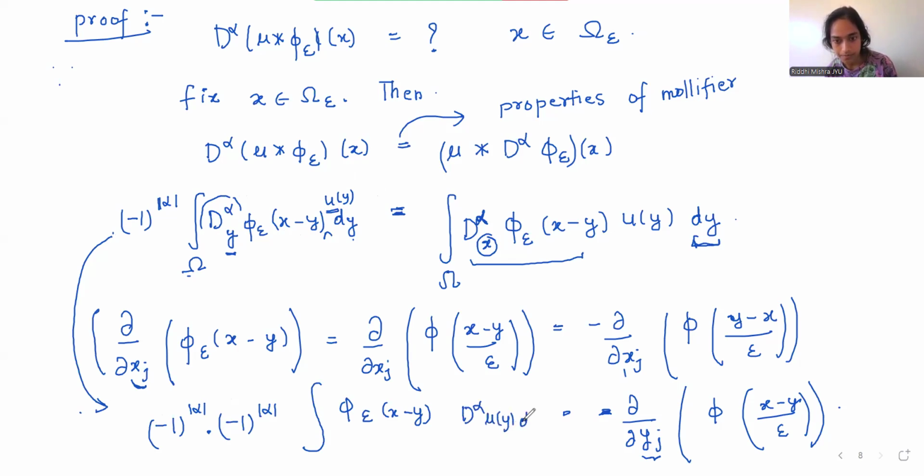This is minus one to the power two alpha, which means one, so these terms disappear.